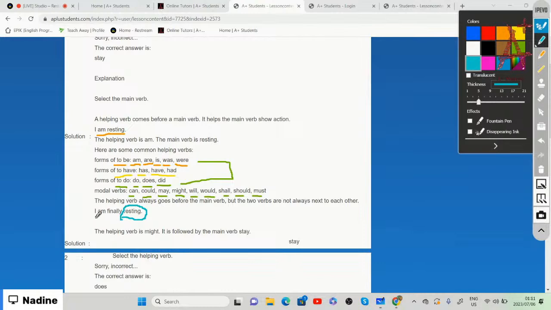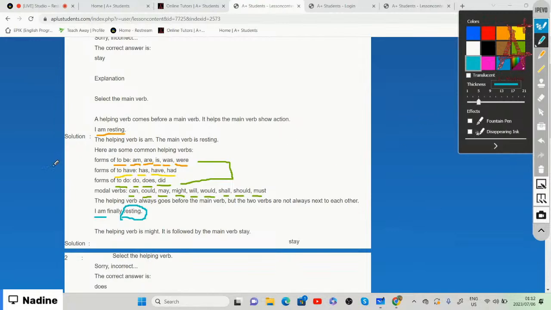Which is am, right? As you can see, the word that basically separates the two words is finally. So I am finally resting, which shows that the two verbs are not always next to each other. Am and resting are not directly next to each other.